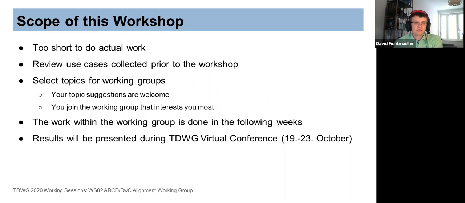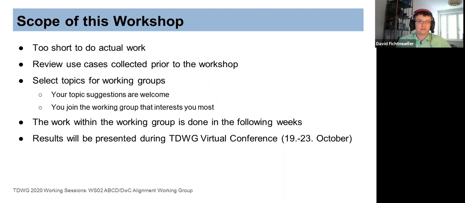Instead, what we are going to do is review use cases that we collected prior to the workshop. If you've been within the group that originally participated in the previous workshop, or we've sent the email around a couple of weeks ago, or for those who just came to the workshop today because they saw it on the TDWG schedule, you have gotten the links this morning to the Google document where we collected use cases.